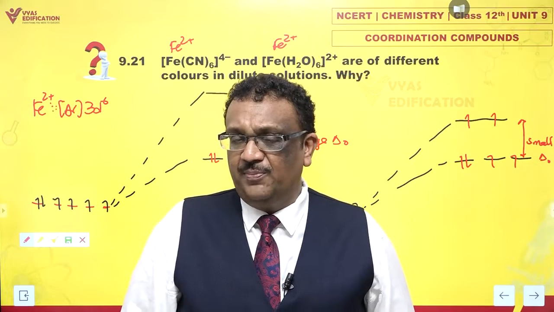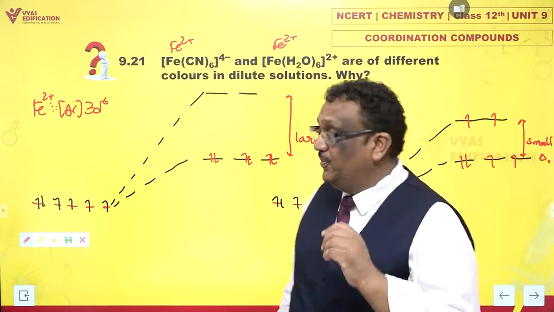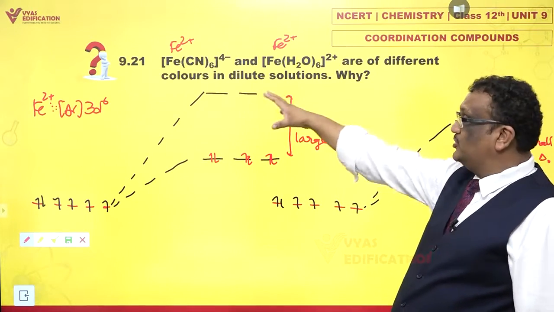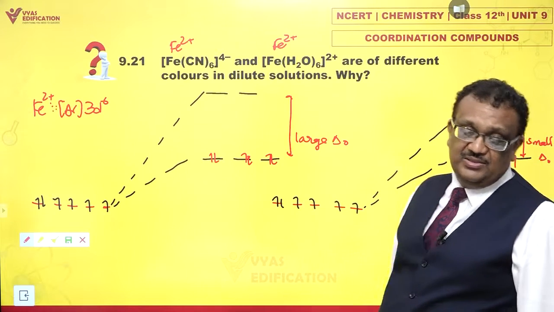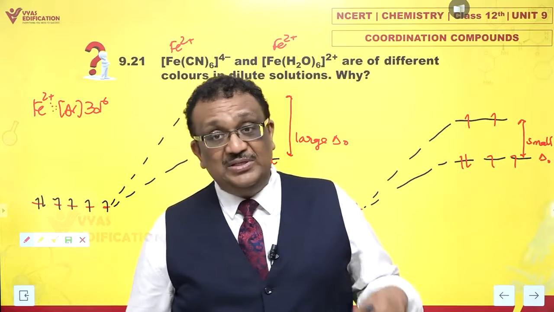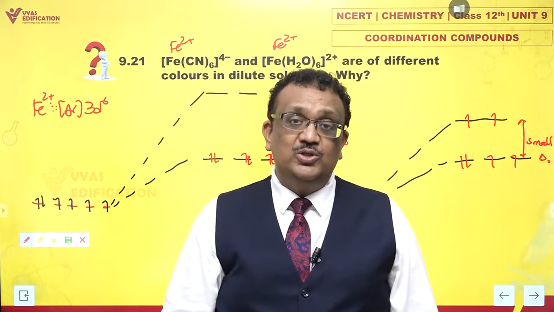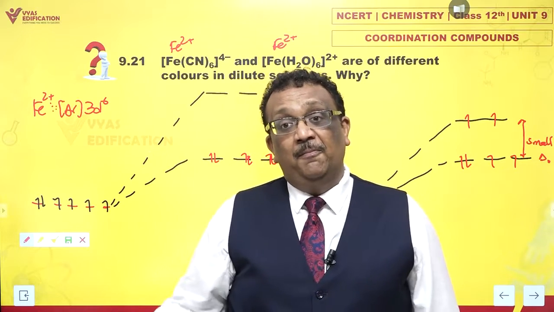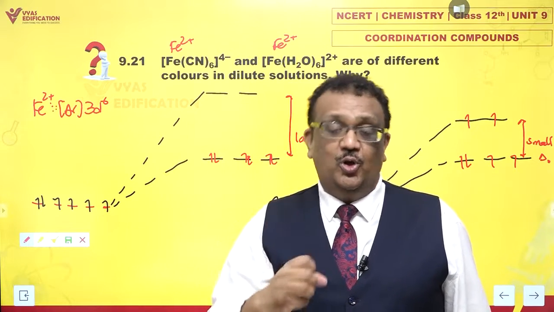Okay, so what does that mean? It means that now this is the background. This is the condition of ferrocyanide and aqua complex of ferrous. Fine. How do you see colors? What happens is when light from an actual source falls on any solution, part of that light is absorbed.